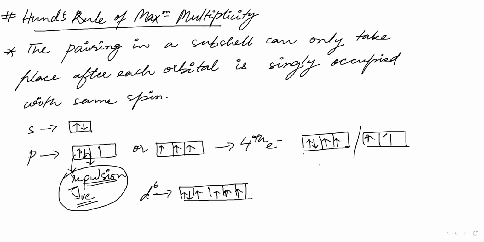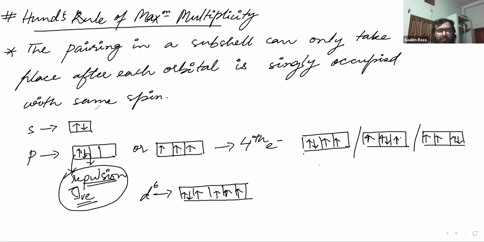Sir, we cannot do it this way, where we first complete the first shell, putting in a clockwise spin, then an anti-clockwise spin, then again a clockwise spin. First of all, you have to singly fill the orbitals with the same spin.